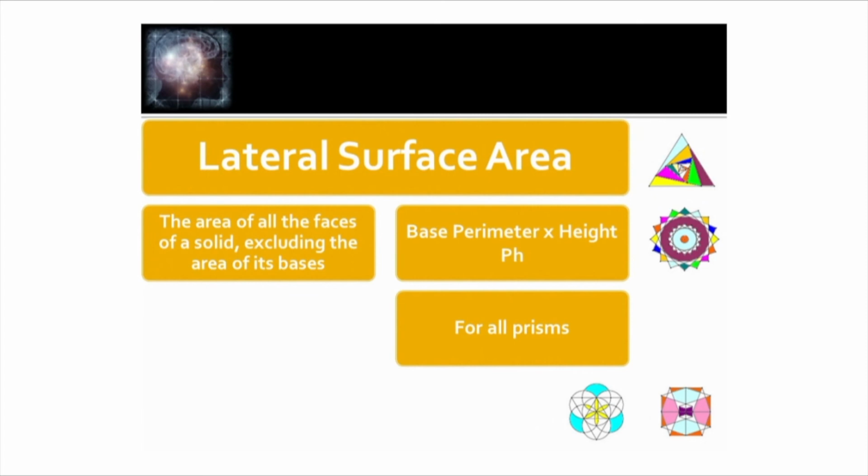Let's recollect the points. Point number 1. Lateral surface area is the area of all the lateral faces of a prism. We can call it as LSA. Formula for finding LSA is base perimeter into height, that is PH.